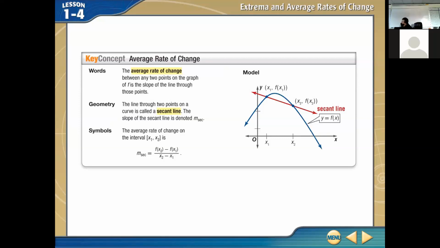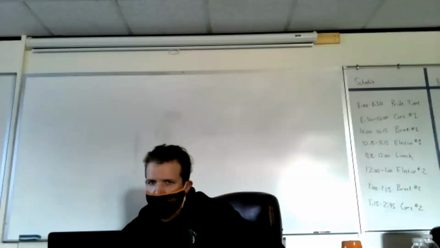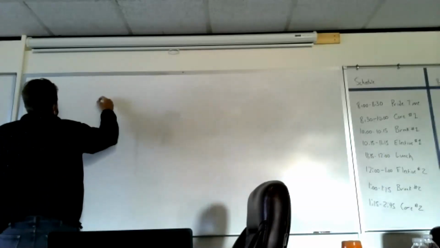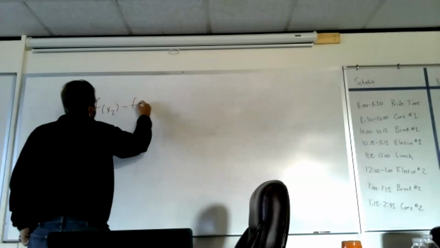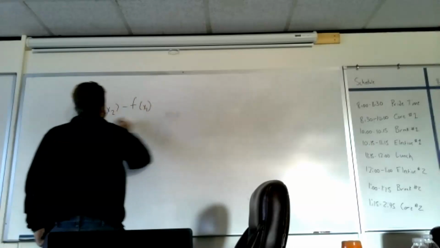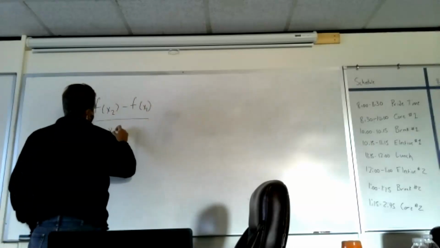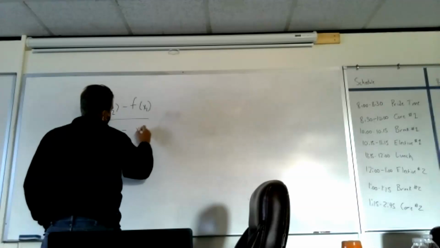And then you can see how we calculate it. f of x2 minus f of x1 is divided by x2 minus x1. You've seen this equation 100 times in Algebra 2. It was just always called the slope. So they use it in function notation as f of x2 minus f of x1 over x2 minus x1.